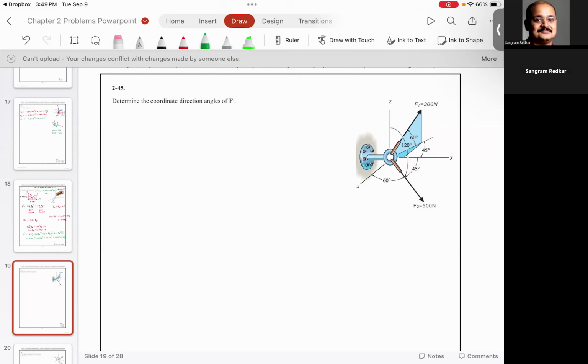I want you for a minute to focus on force F2. Tell me what is theta x for F2, what is theta y for F2, and what is theta z for F2.